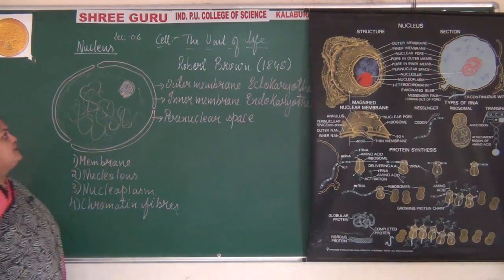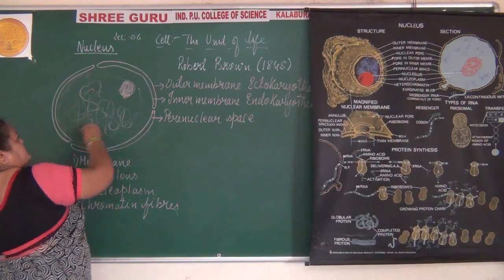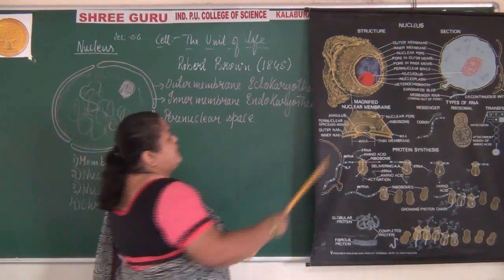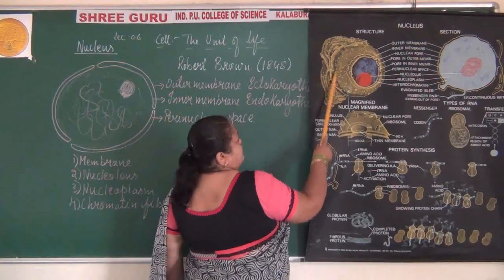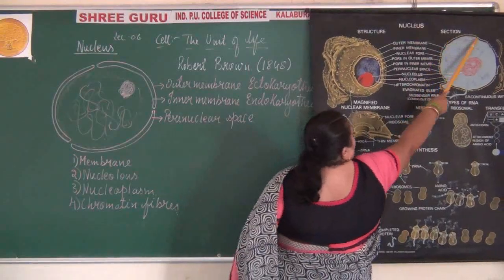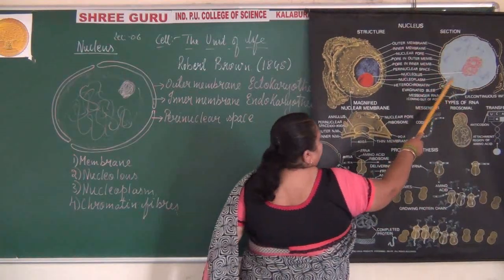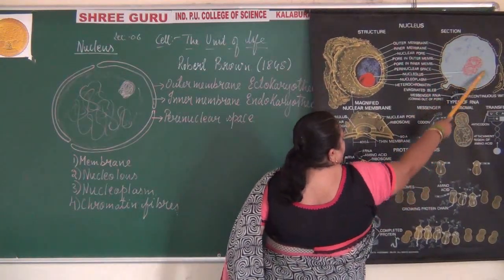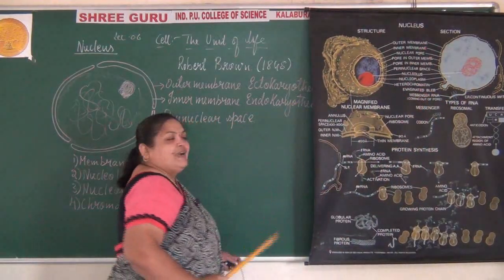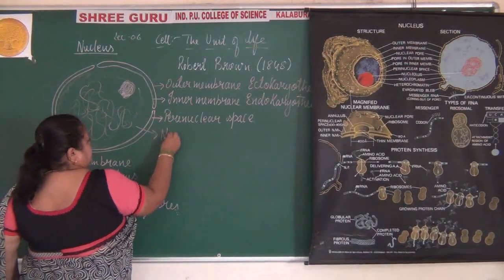Inner to the membrane is the fluid material. You can look into this chart. This is the structure of the nucleus. This is the outer membrane, and this is the inner membrane, and the fluid material inside, which does not contain any chemicals, is the nucleoplasm.